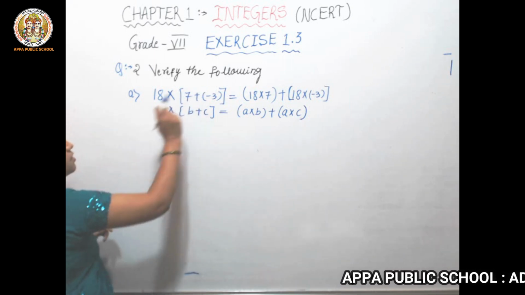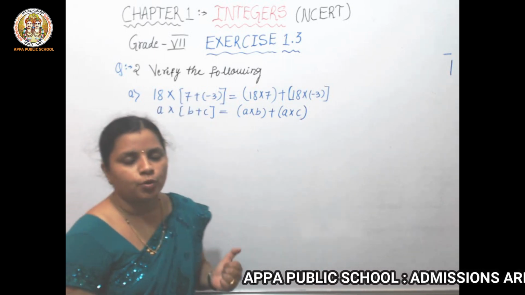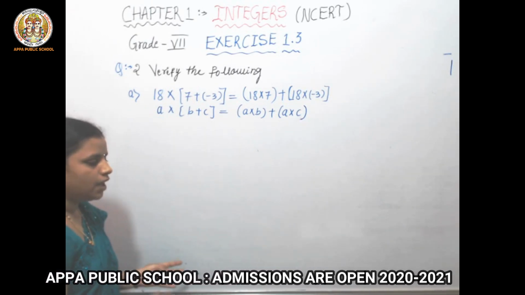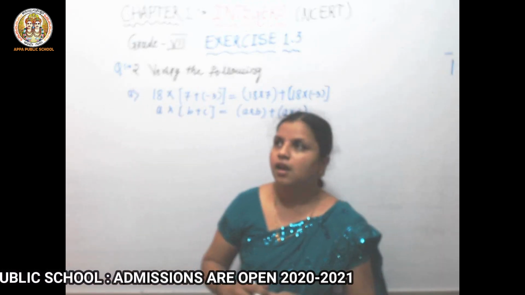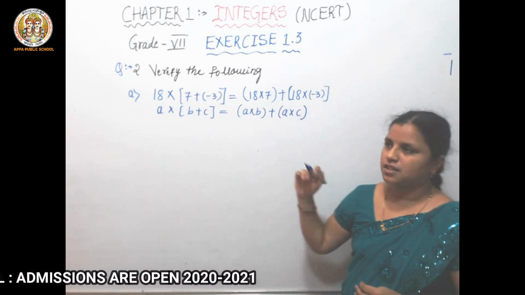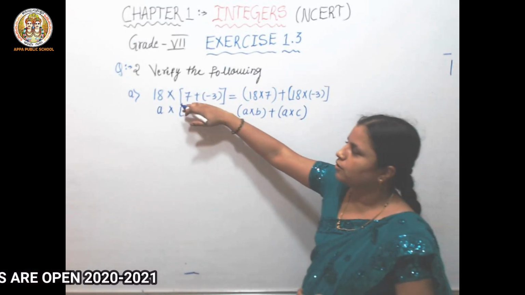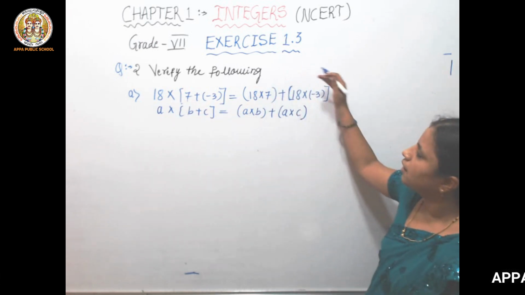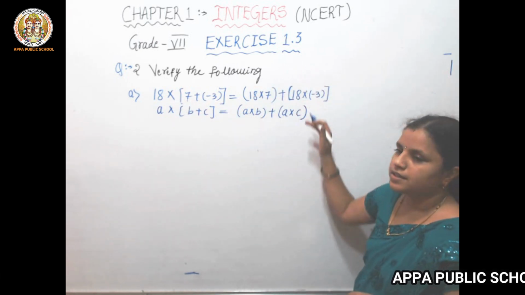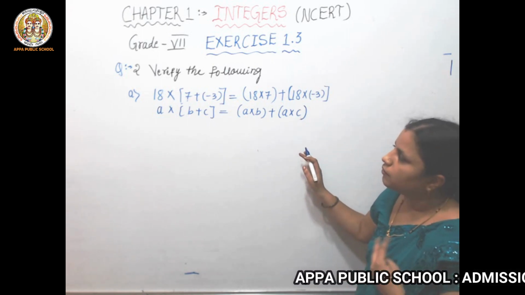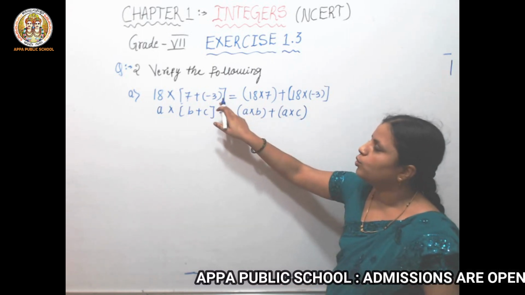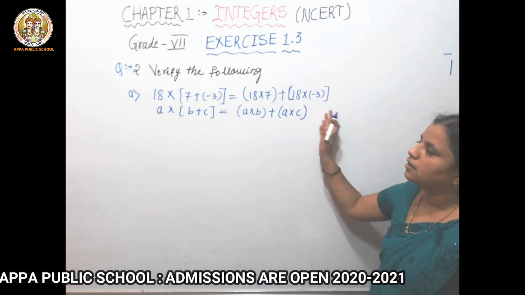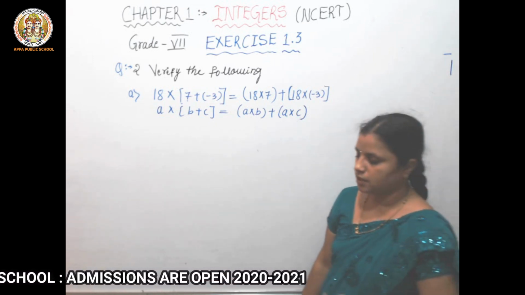For these elements, we have to verify whether the distributive property is satisfied or not. Then how to verify it? First we have to solve the LHS part and calculate its result, and after that calculate the RHS part. If we get both LHS and RHS the same, then we say that the distributive property is satisfied.